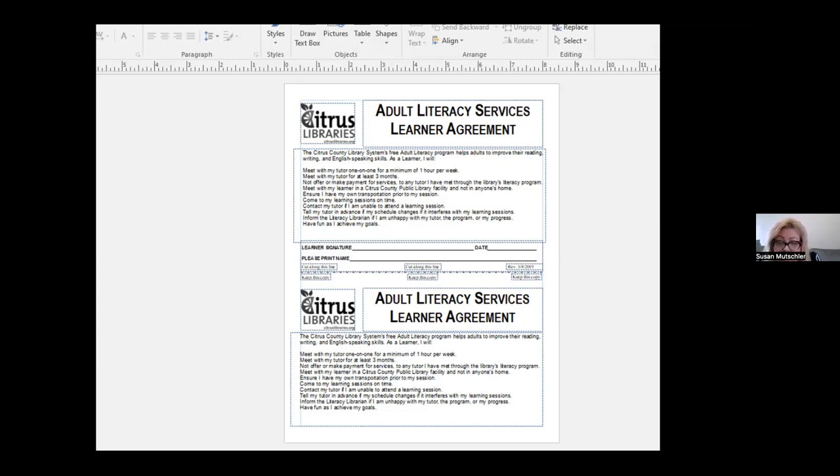The learner will come to the learning sessions on time, and if for some reason they're unable to meet the tutor, they would contact the tutor and let the tutor know if their schedule changes for any reason. They would let the literacy staff know if for some reason they're unhappy with the tutor or the program or their progress. And also to have fun as they achieve their goals.